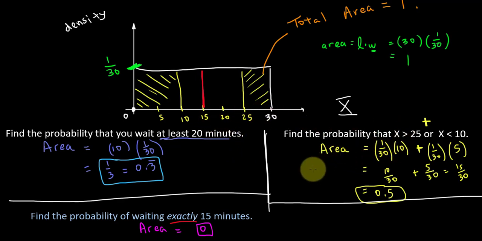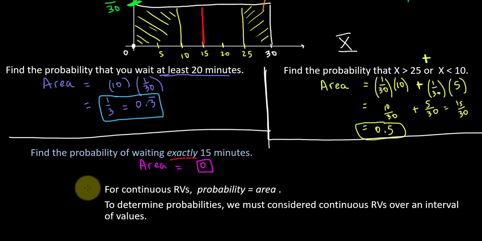So this brings up an important point. When working with continuous variables, we need to always consider the variable over an interval of values, such as more than 20 minutes, less than 10 minutes, in order for us to arrive at area, which is our proxy for probability.